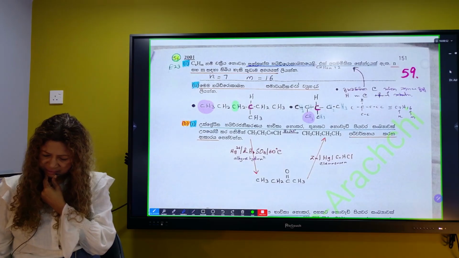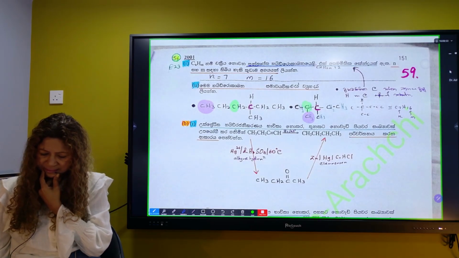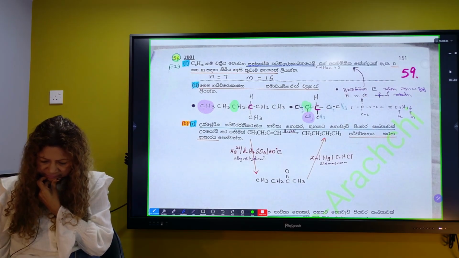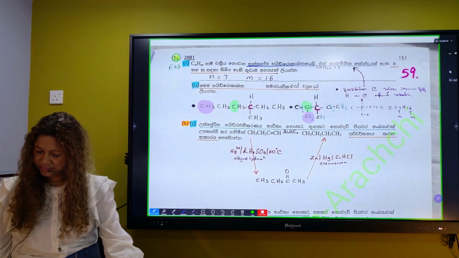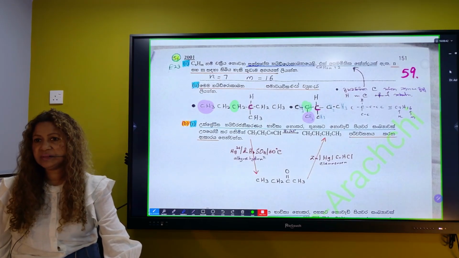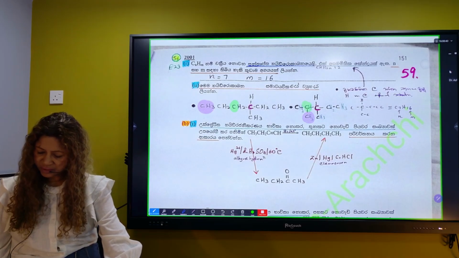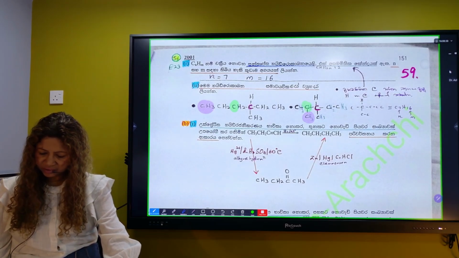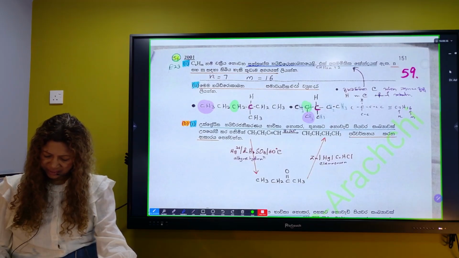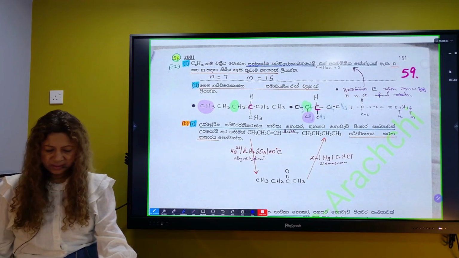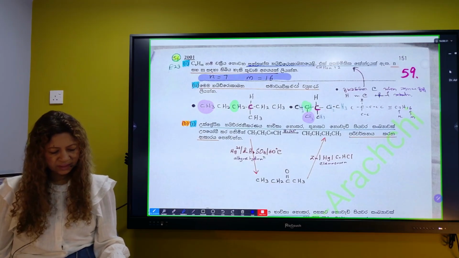This carbon is this. Both are possible. Just don't draw one. All the possibilities you can go with. Then count numbers and you can write C7H16.